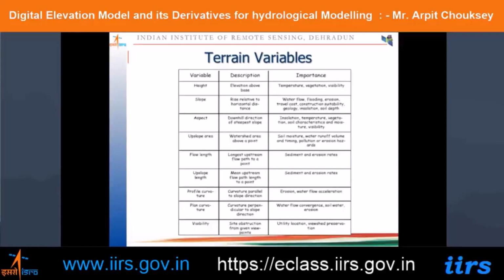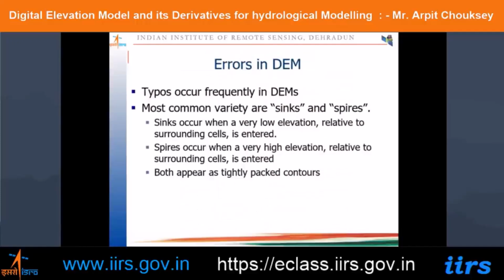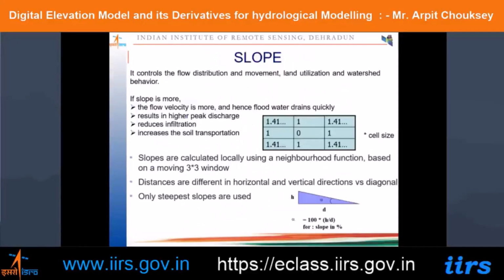What we can do is fill the lowest value from the surrounding pixels at the place of the sink, and similarly for spires, the highest value in the surrounding pixels has to be placed in the middle pixel, to remove the spires and sinks. So error removal has to take place first, before derivation of any terrain parameters.